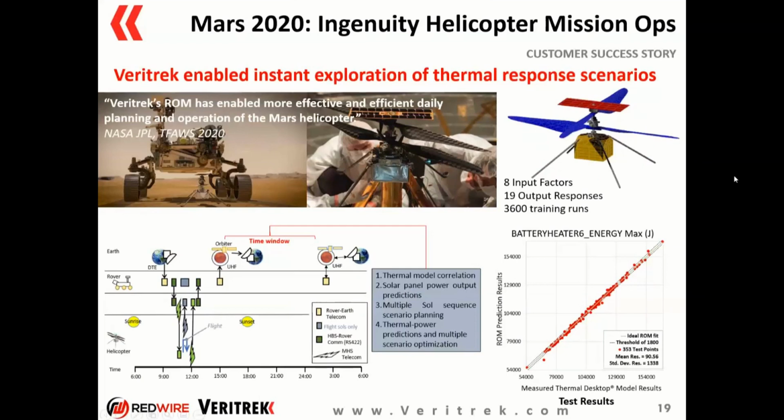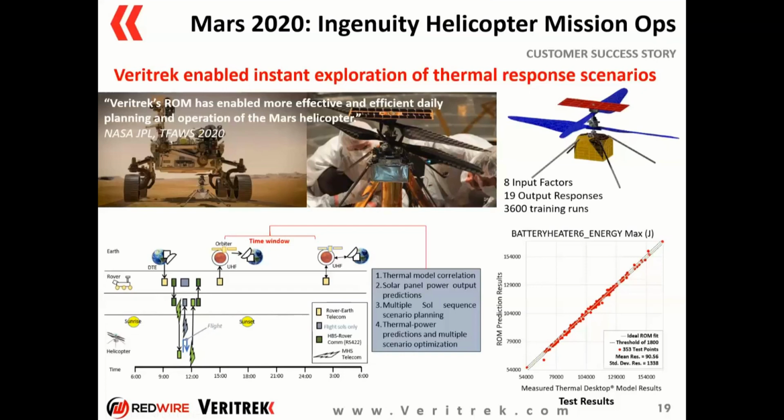We did some follow-on work with NASA JPL, again, on their Mars 2020 helicopter. As I mentioned earlier, we developed a pretty high fidelity reduced order model for mission ops. There was a very limited time window for them to get telemetry from Mars and turn that around into a plan for how to operate the helicopter for the next mission.